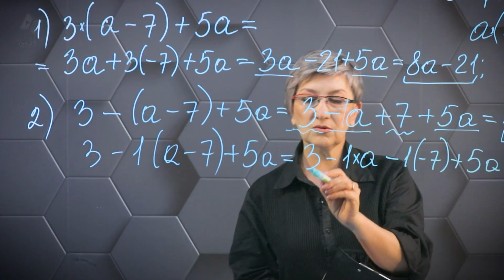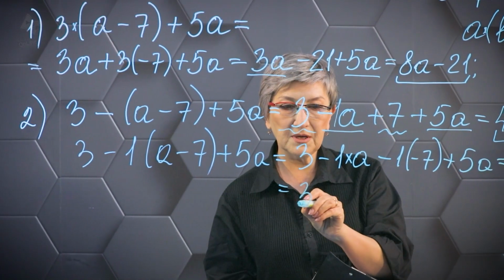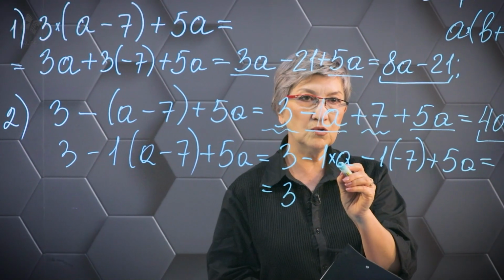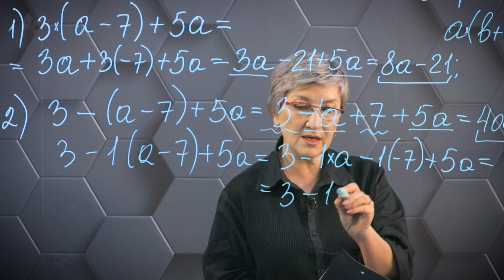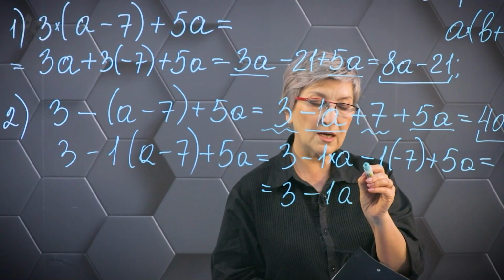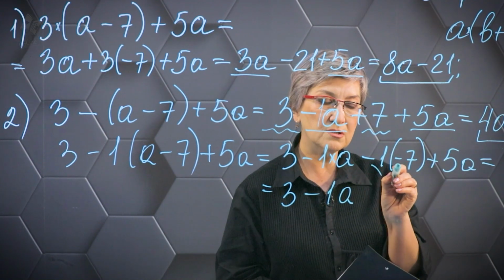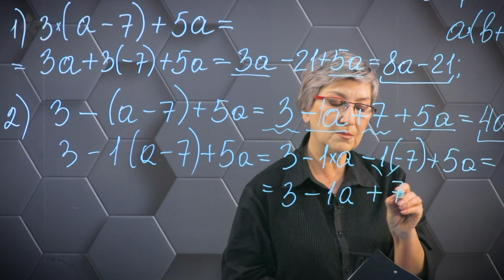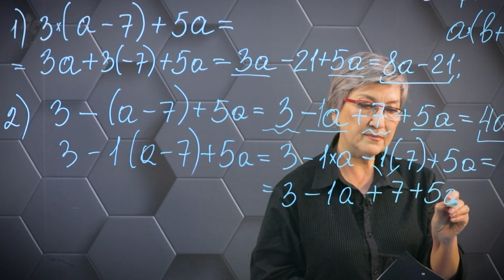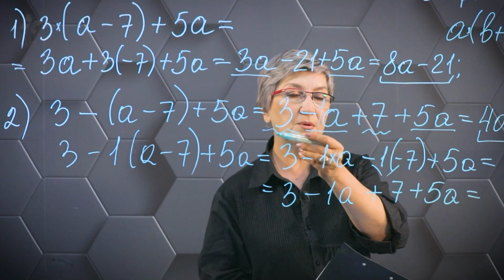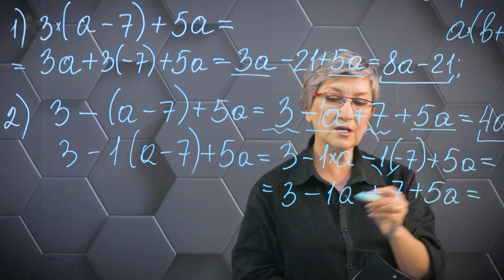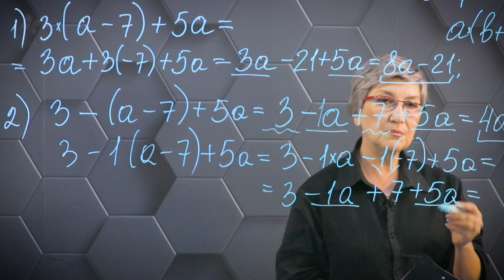Notice that the 3 I'm rewriting. Minus 1 times a, that would be minus 1a. Minus 1 times minus 7, that would be plus 7 and plus 5a. Notice we got the same expression. And we can add like terms.